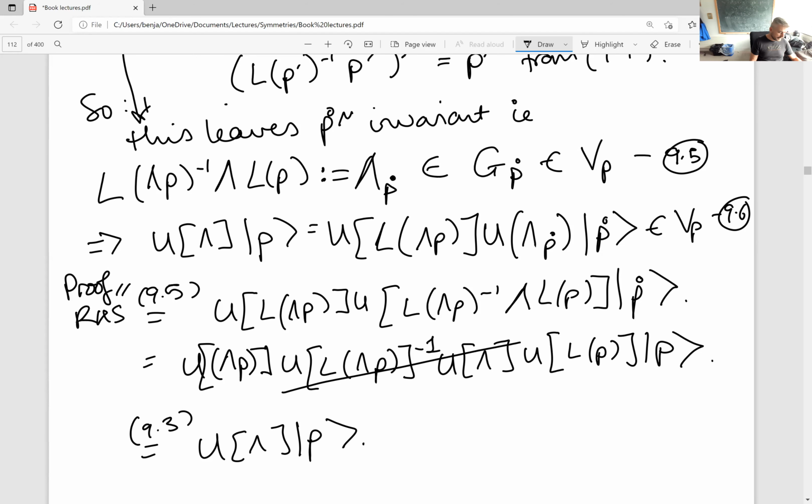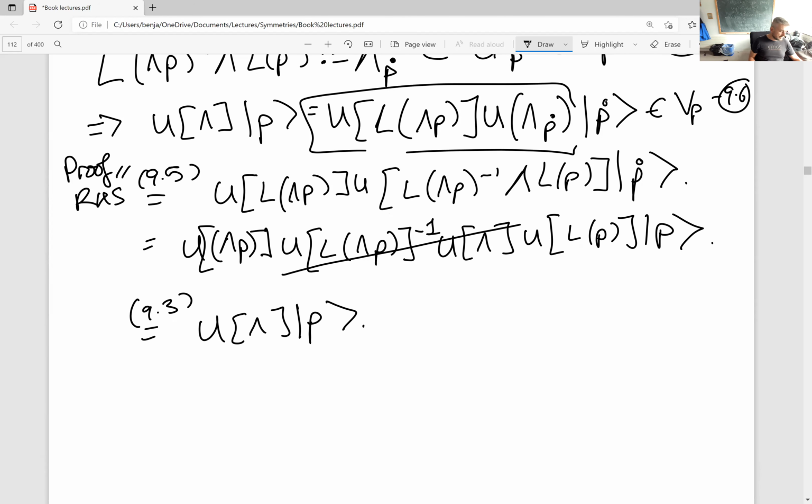Okay, so what this means is that we now have our U of lambda, which is this right-hand side, U of lambda of P, for arbitrary lambda, I should say. Now it depends on whether the particle is massless or not, because the isotropy group is different in each case.